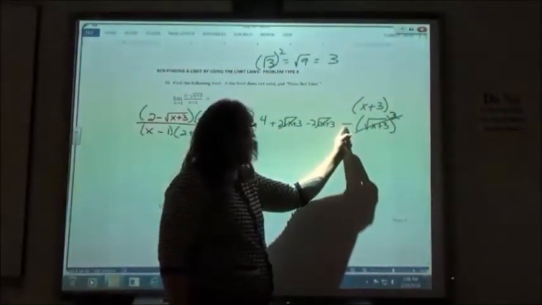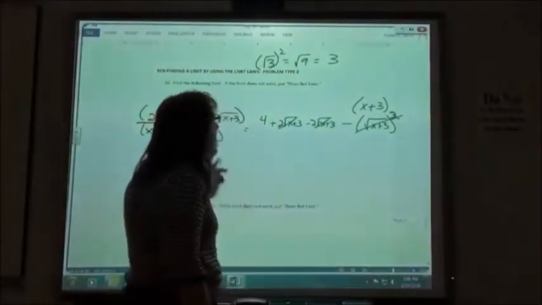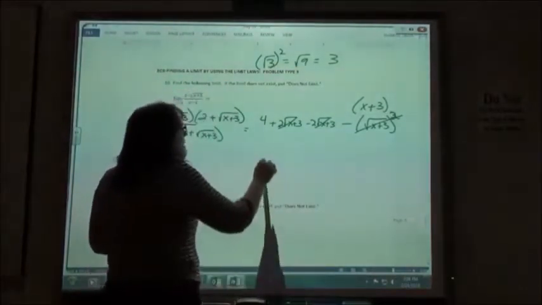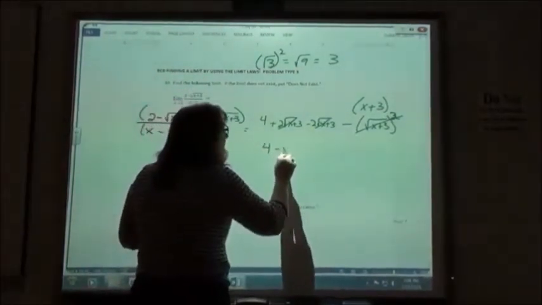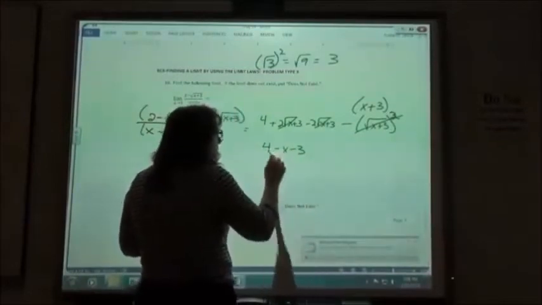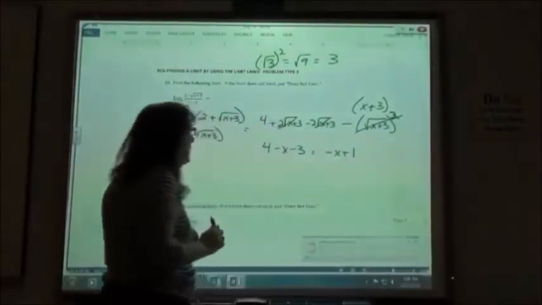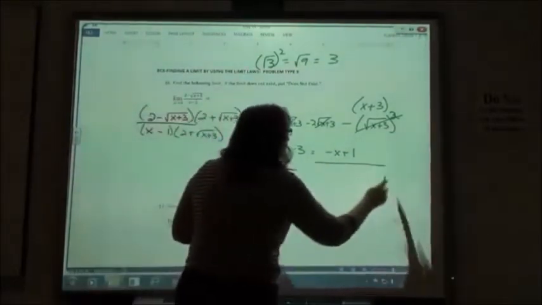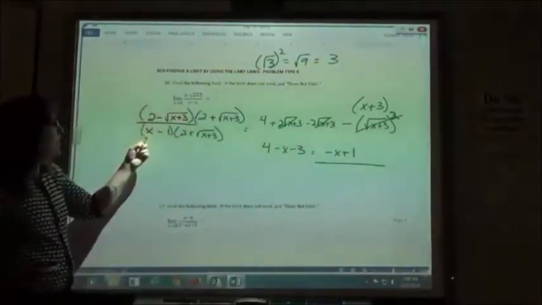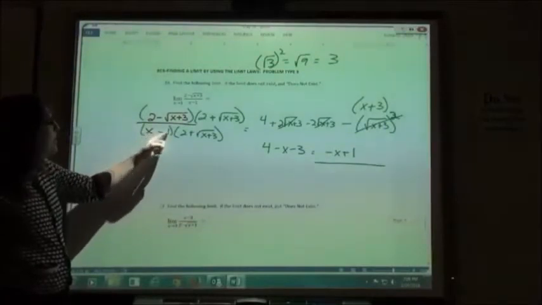I do need the parentheses because there's a minus sign in front of that, and I have to use my distributive property. So I'm going to get 4 minus x minus 3, which gives me negative x plus 1 on top. Now if I notice here, I have x minus 1.